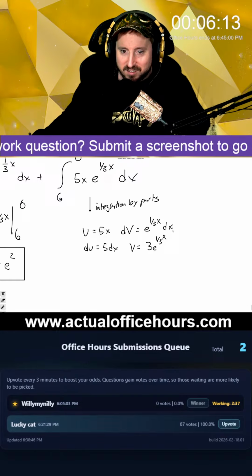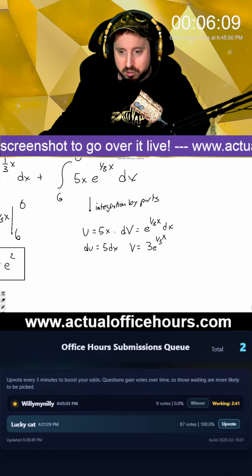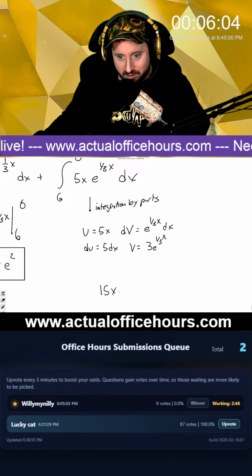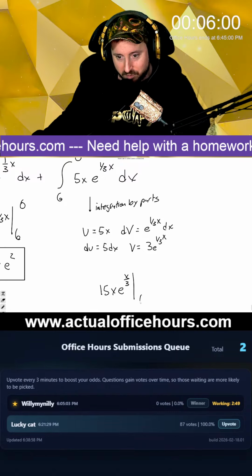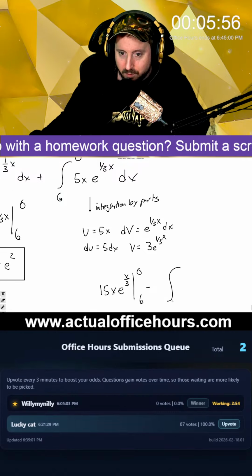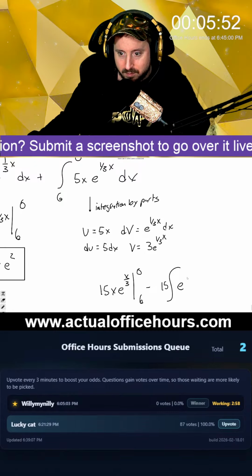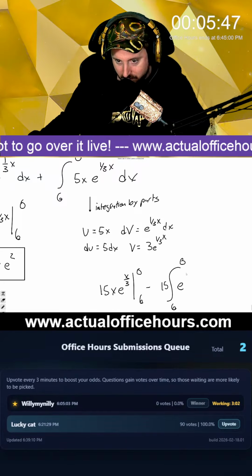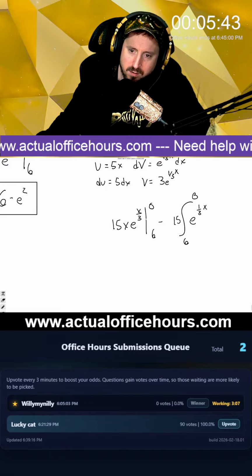Yeah, okay. So then, this is the integral of uv. Or sorry, that's not integral, it's just uv. So that's going to be 15x e to the x over 3 from 6 to 0, minus the integral of v du, which is minus 15 e to the 1/3 x. Okay.